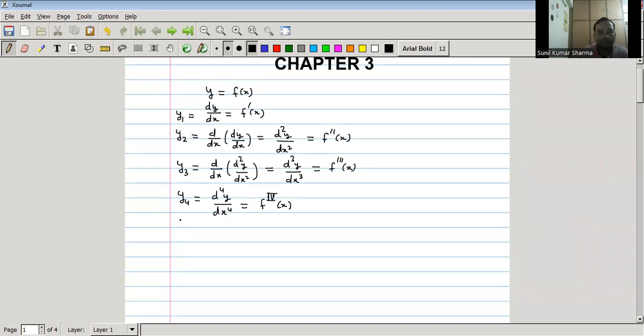Similarly, if we differentiate n times, then we get yn, that is equal to dny over dxn, that is the same as the nth derivative of f at point x.